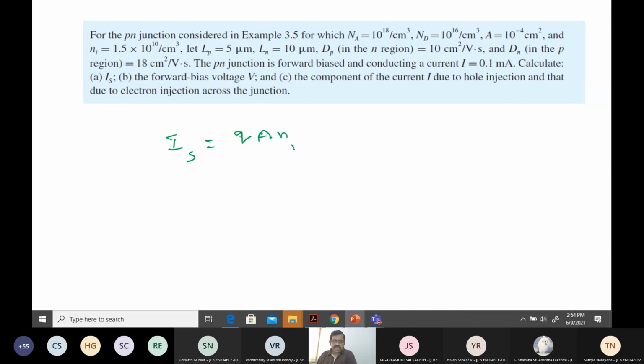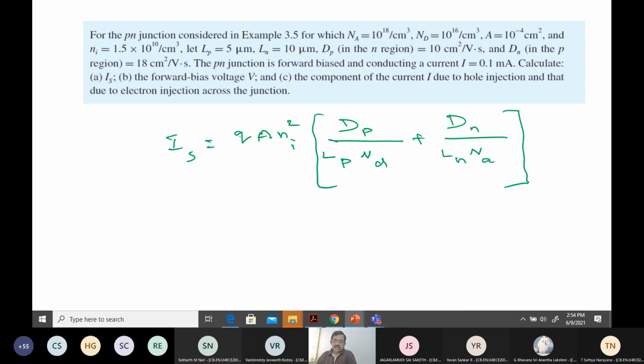If I make a mistake anywhere, please tell me. Q A Ni square, Dp by Lp Nd plus Dn by Ln Na. So this will be my formula.